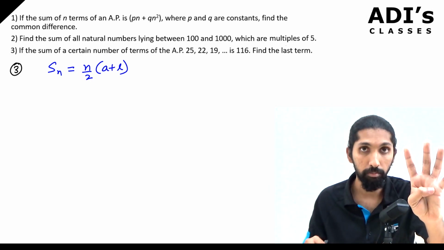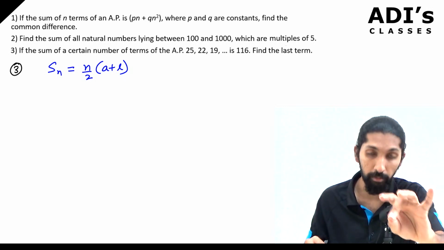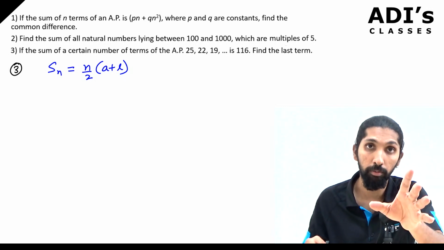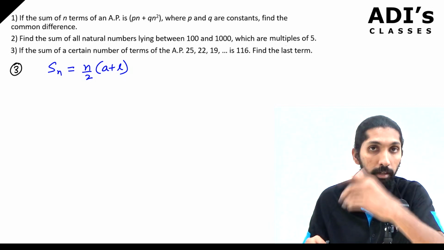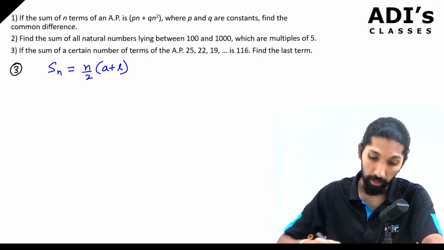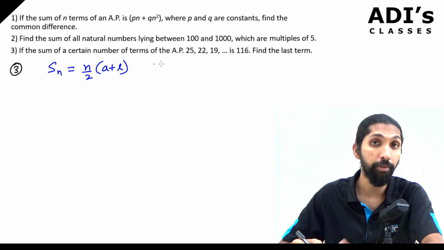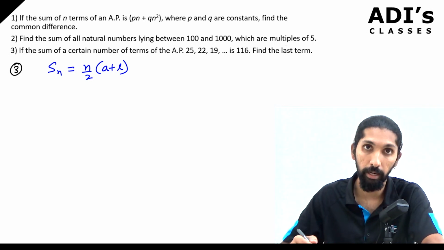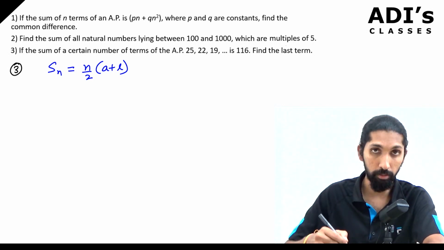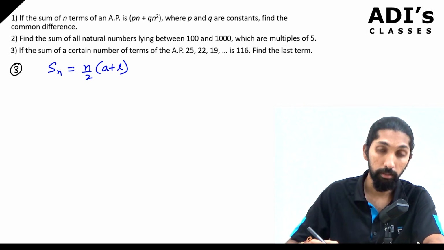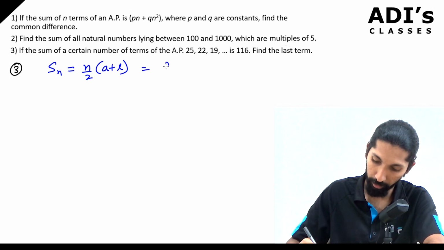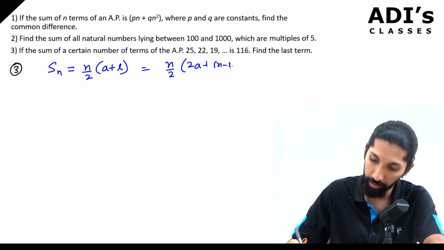A we know, D we know, Sn we know, but n we don't know. N is what we are trying to figure out, because they're saying a certain number of terms, n, we don't know what it is, correct? You can use this one, or n by 2 into 2a plus n minus 1 into d.